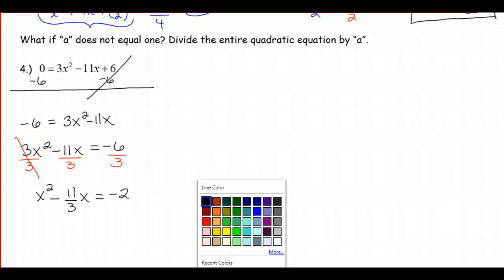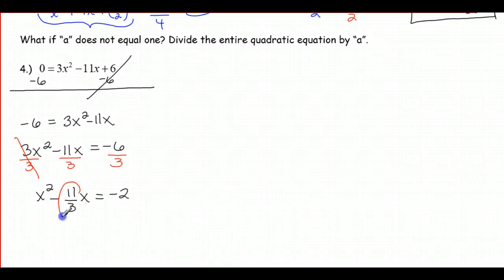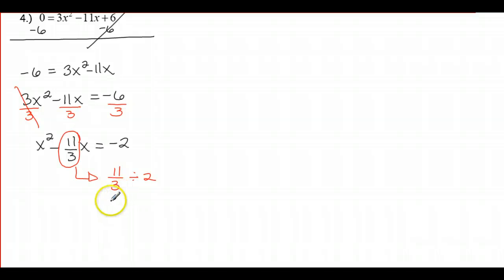Now we're completing the square for the 11 over 3. So if I do that, 11 over 3 divided by 2 is the same thing as 11 over 3 times 1/2, which equals 11 over 6. So I'm going to take 11 over 6 and we're going to square it. That's what we are going to add on to both sides of our equation.